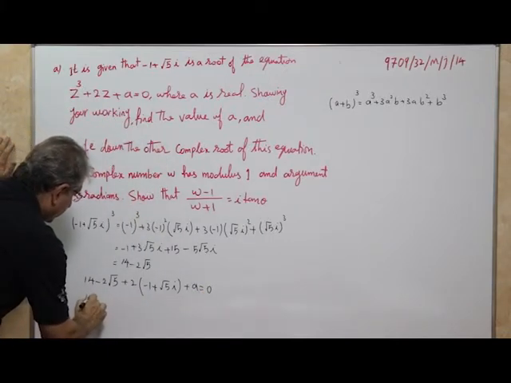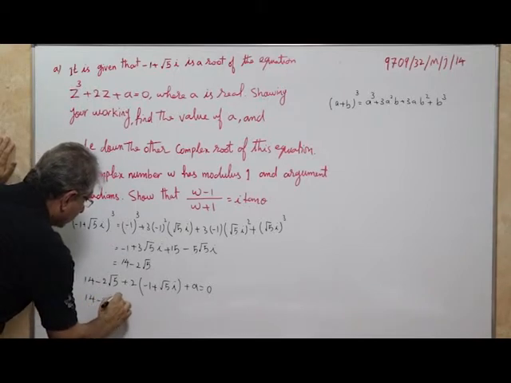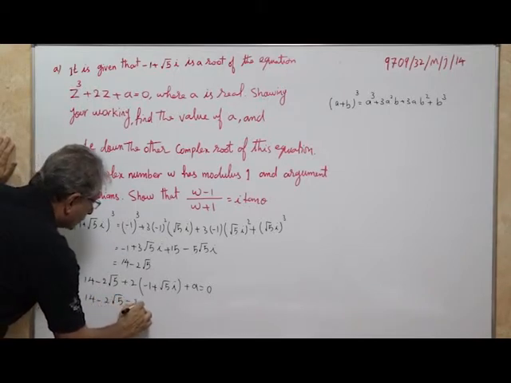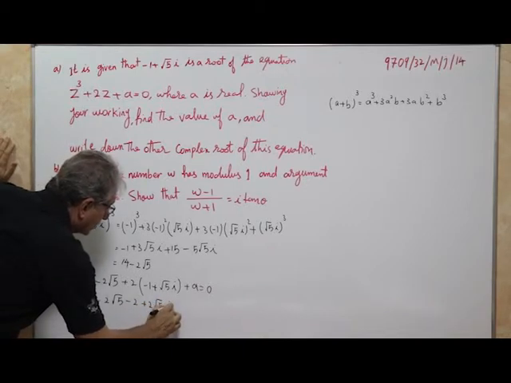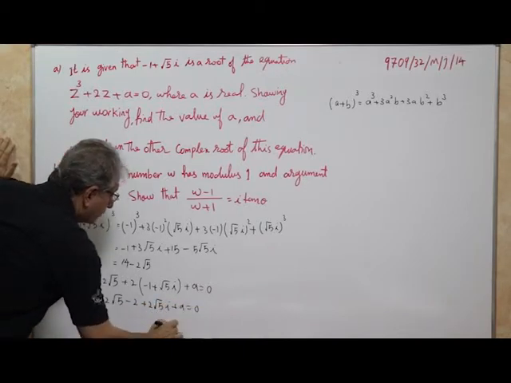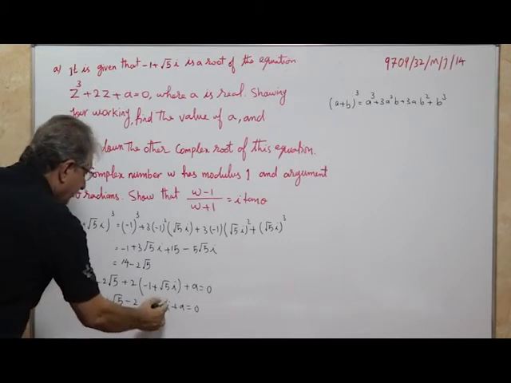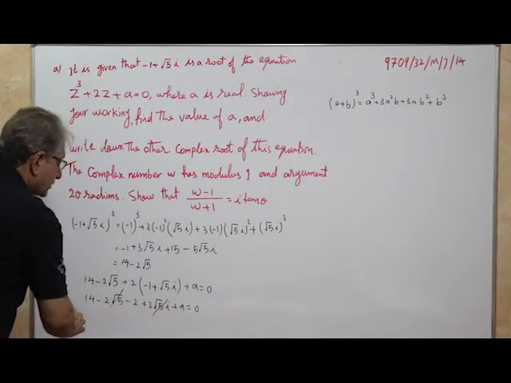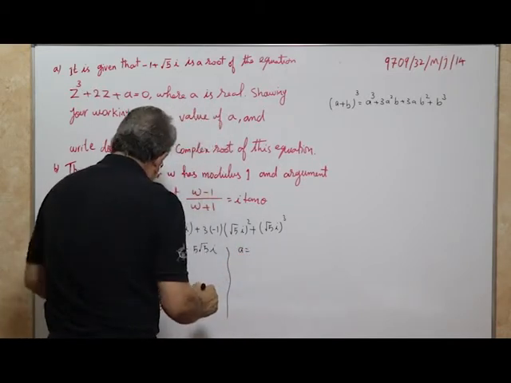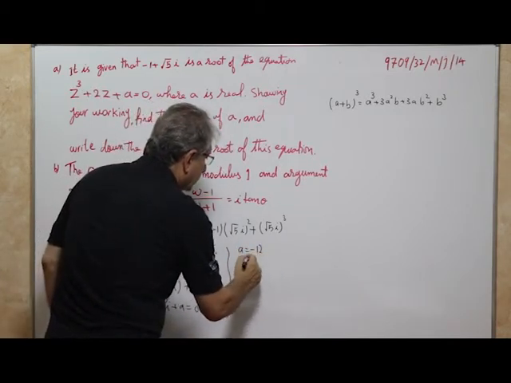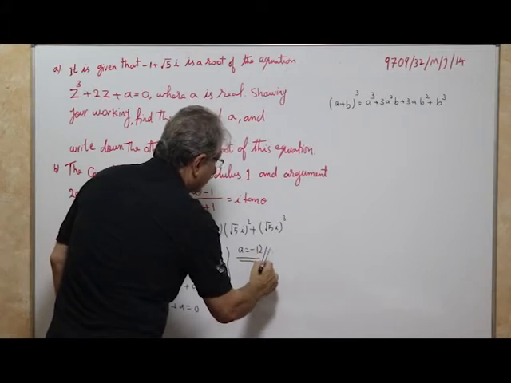You are getting 14 minus 2 square root of 5 i minus 2 plus 2 square root of 5i plus a should be 0. Therefore, this cancels this. This is 12. So a is equal to -12. Now we got the value of a.